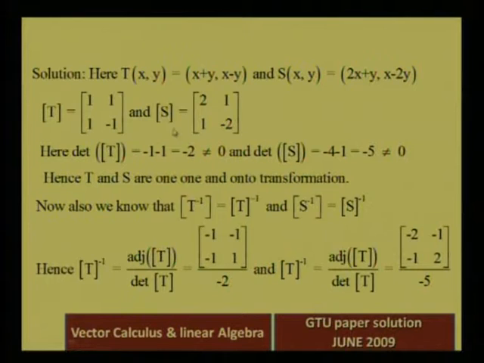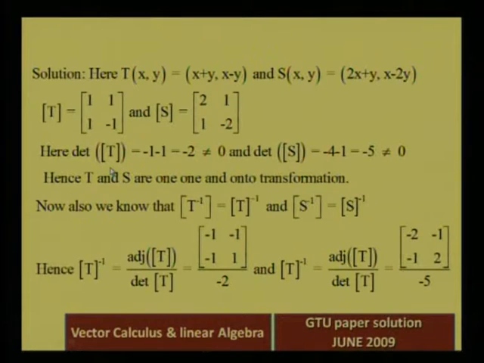And here is the standard matrix of S: the coefficients are 2 1, and in the second coordinate the coefficients of x and y are 1 minus 2.